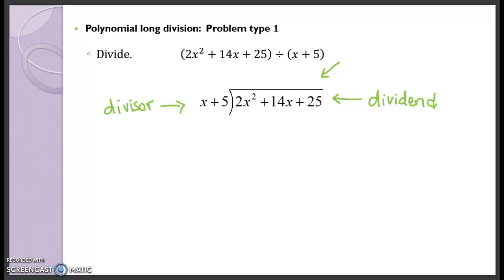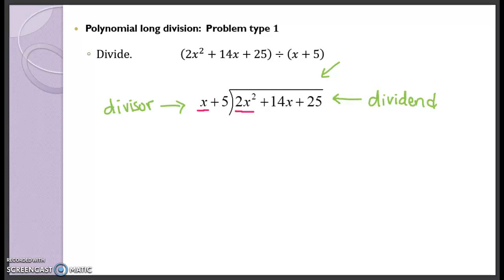So when we're doing long division, what is our goal? Well, we need to find a number or a variable that when I multiply it by x, it will give me 2x squared.